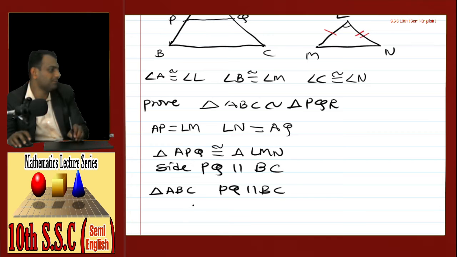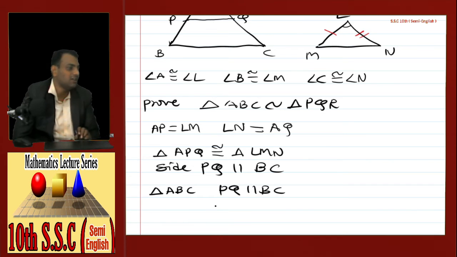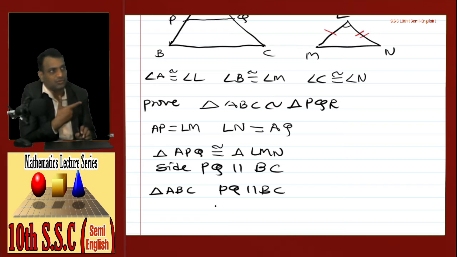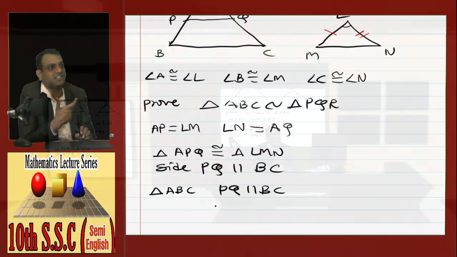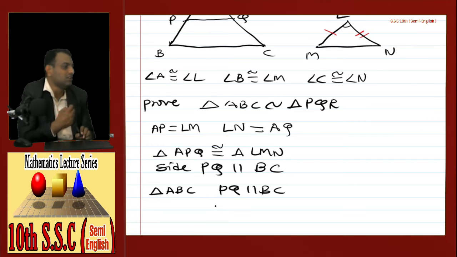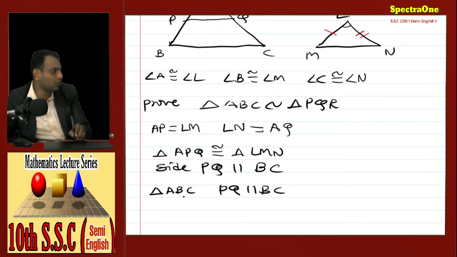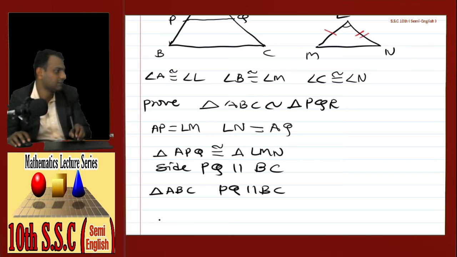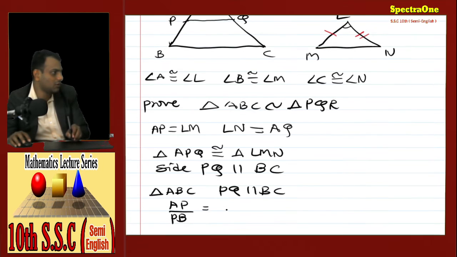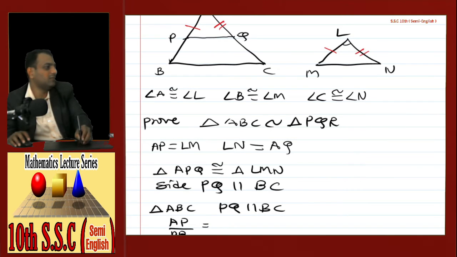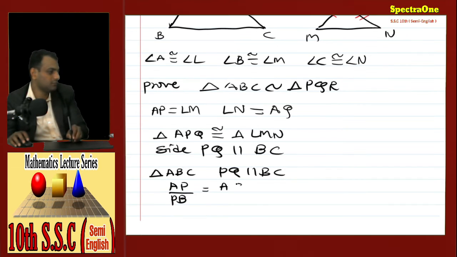That means it is parallel to one side, and about the other two sides, on side AB it will intersect at point P, on AC it will intersect at point Q. Therefore, according to the basic proportionality theorem, we will get AP upon PB equal to AQ upon QC.